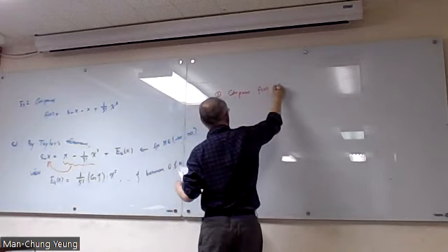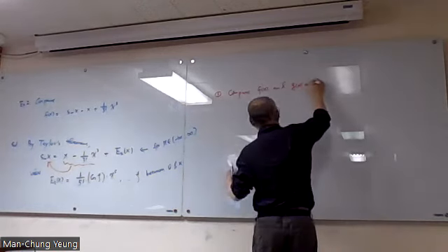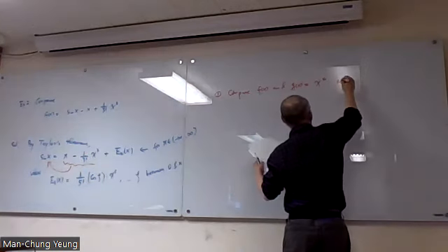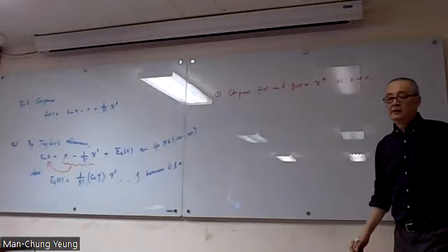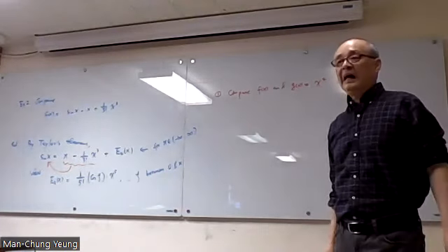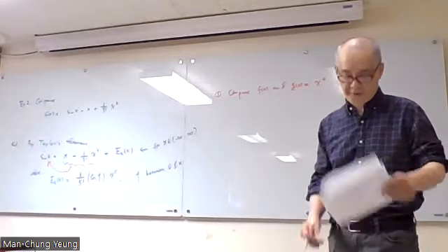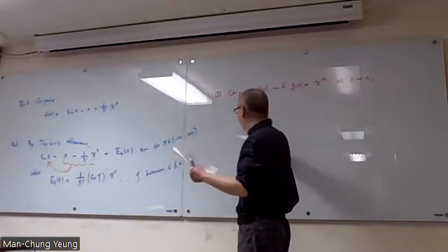Function f and g. What is g? x to the 4 as x approaches 0. In a small neighborhood of 0, compare these two functions. Now, little o.